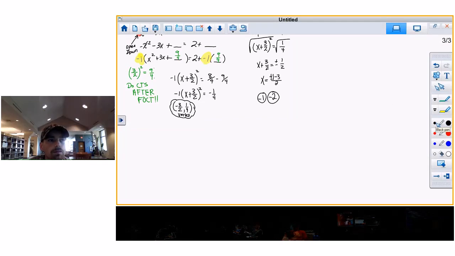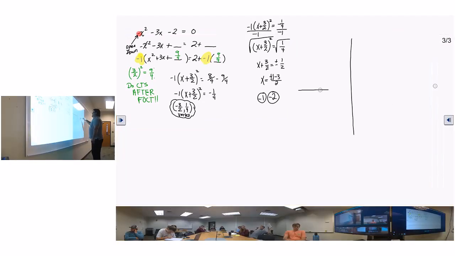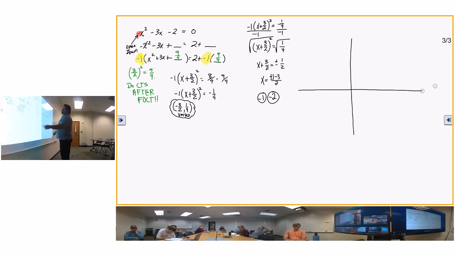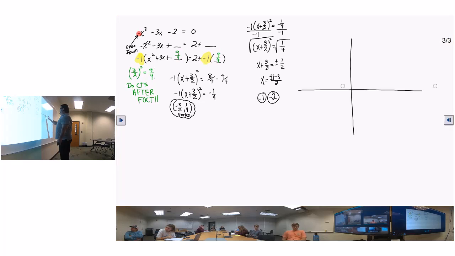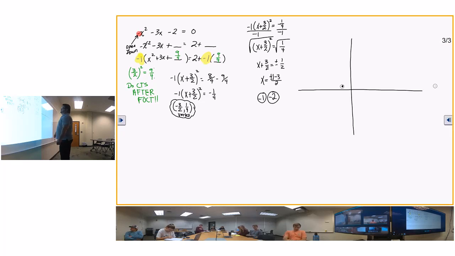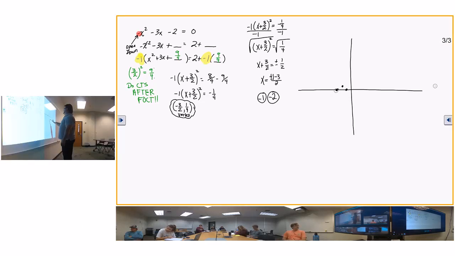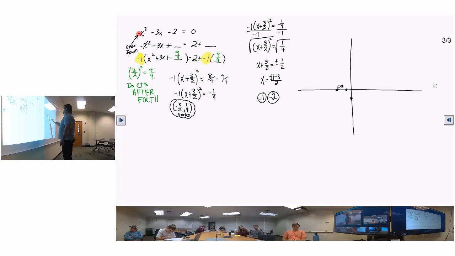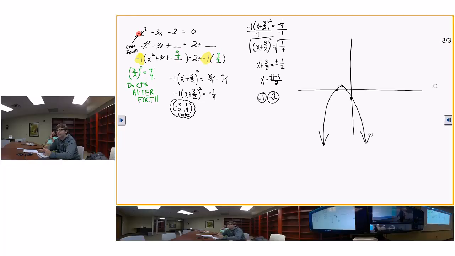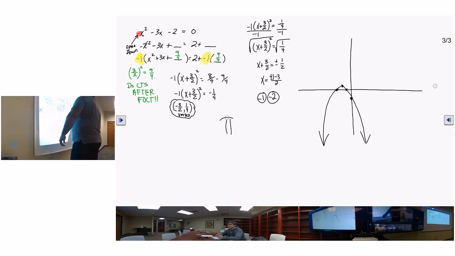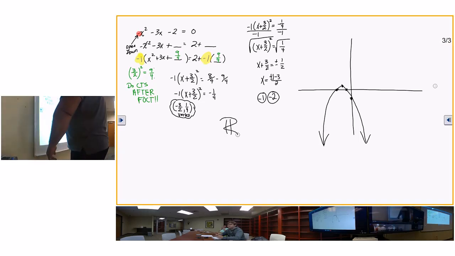All right, so we've got a vertex of -1.5 and a quarter, -1, -2, and a y-intercept of -2. So domain, if you miss the domain on my test, don't tell anybody.